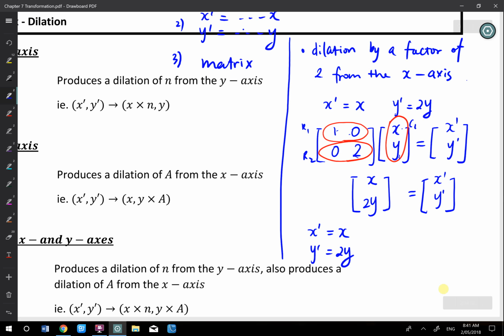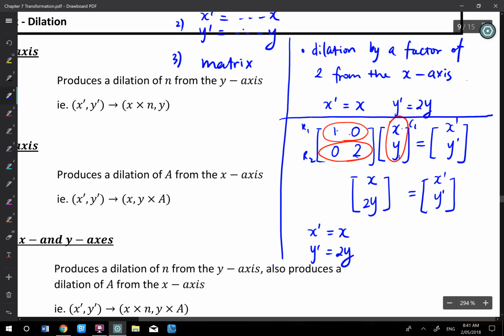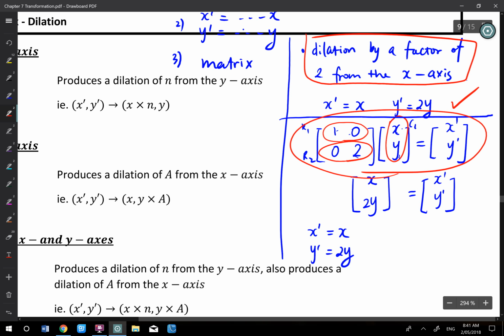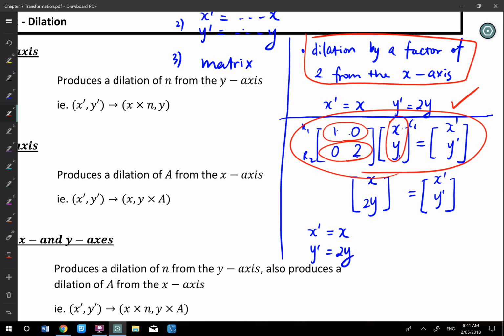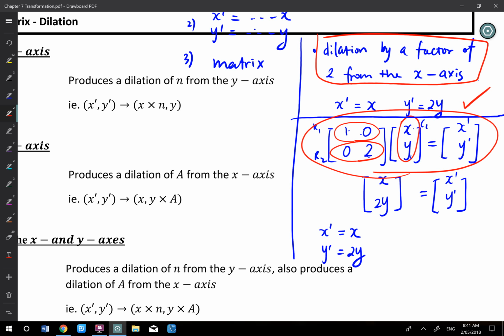From this word description, I can get this equation. But from this matrix equation, I can still get the same thing. So that's why I said the matrix can easily replace the words. After all this calculation, it gives me exactly the same thing as the description gives me. So that's why I'm explaining why a matrix will work.